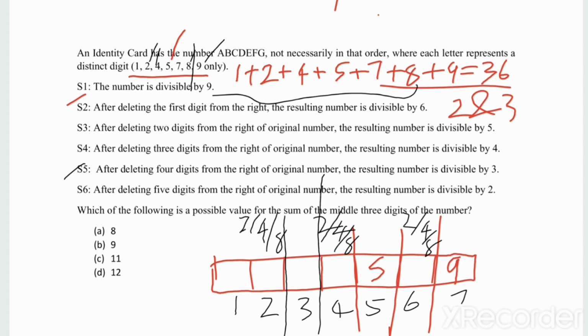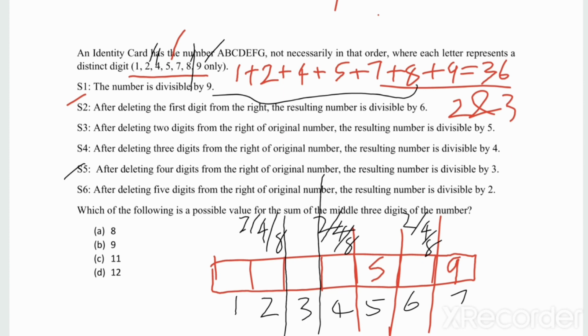So even numbers are placed either in second place or in fourth place or in sixth place. Then the 1st, 4th and 6th places are filled by odd numbers.